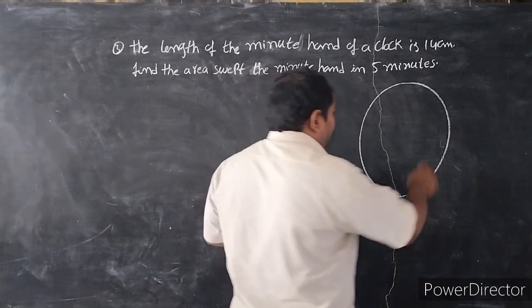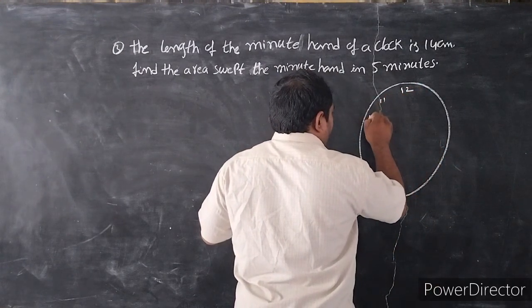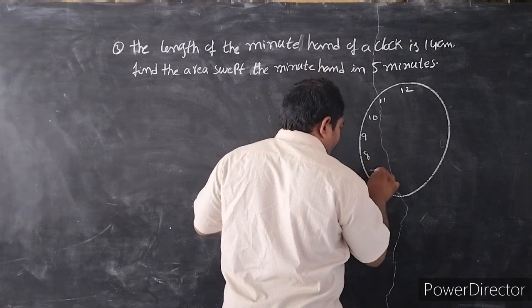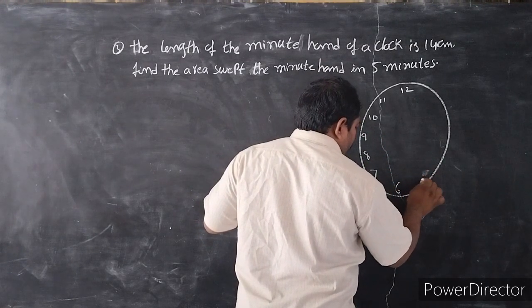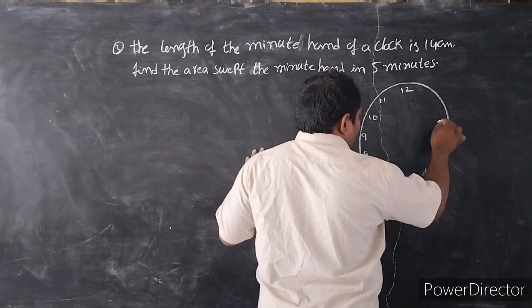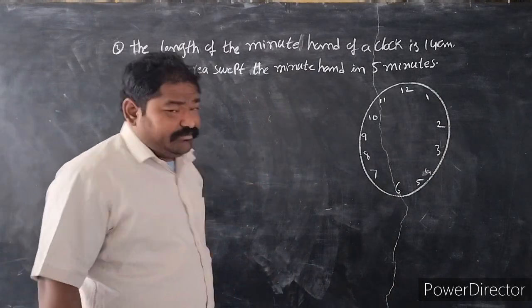Now we have 12 here, 11, 10, 9, 8, 7, 6, 5, 4, 3, 2, 1. These are the 12 hours.